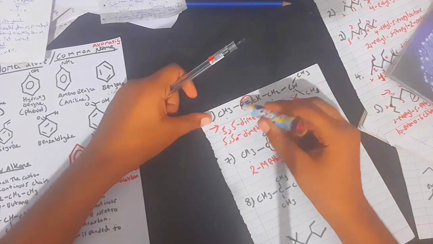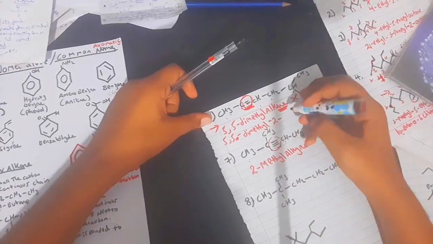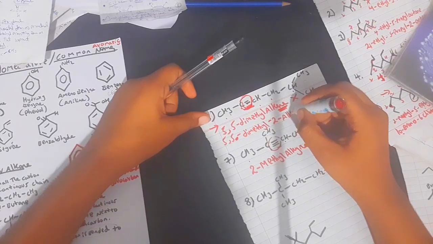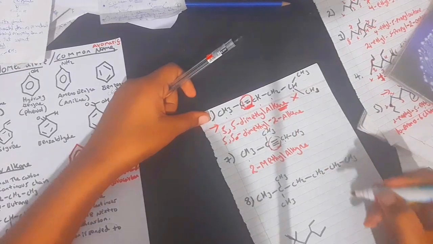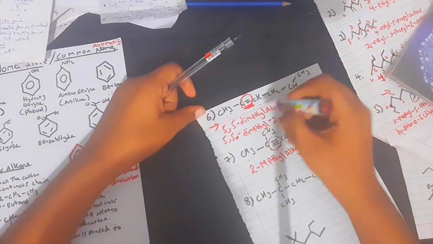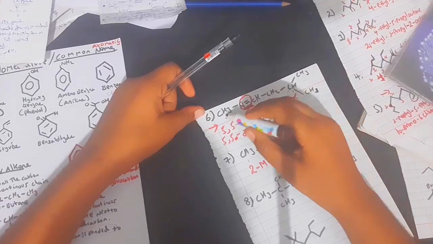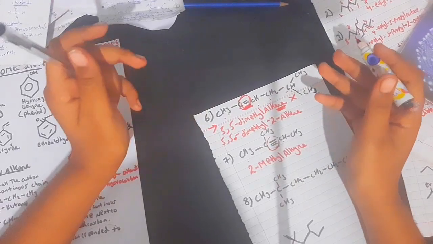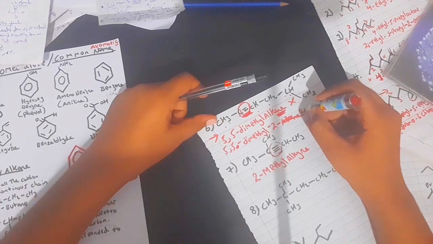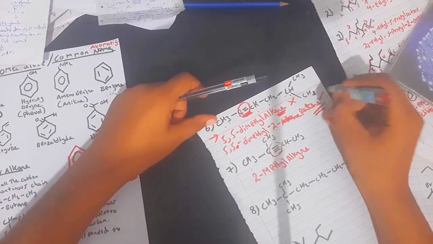There's a double bond at carbon 2, so it's going to be 2, and then, not alkene, but instead we're going to state the total number of carbons. So it's going to be 1, 2, 3, 4, 5. So what is 5? It's pentene. So instead of alkene, we're going to say pentene. This is the correct structure.